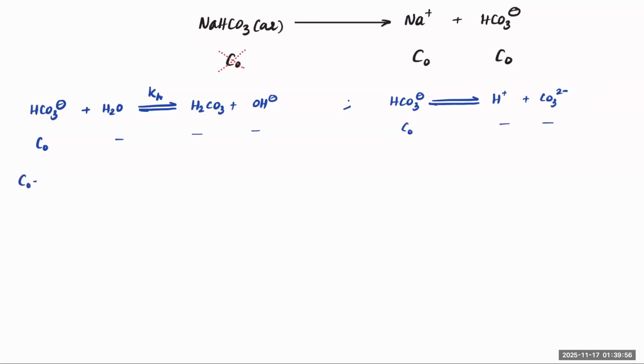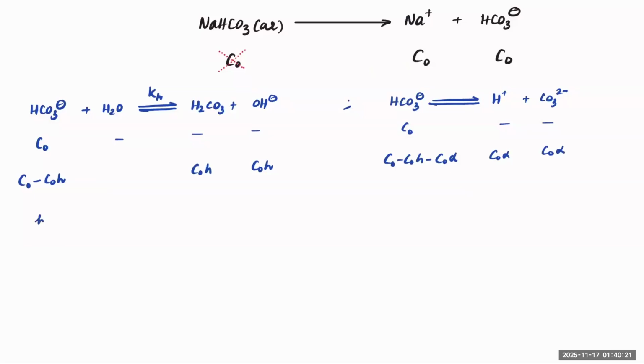Now I'm assuming that from here some C naught h has been lost. So C naught h and C naught h will be formed here. And from here we have C naught h already lost. Along with that, it is losing some C naught alpha. So now this will become C naught alpha, C naught alpha.